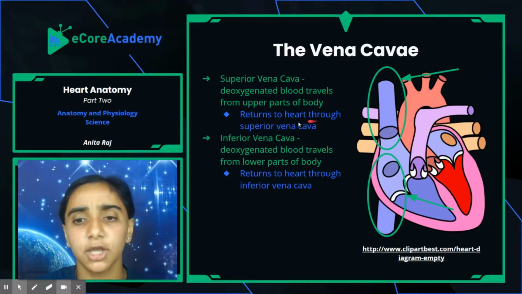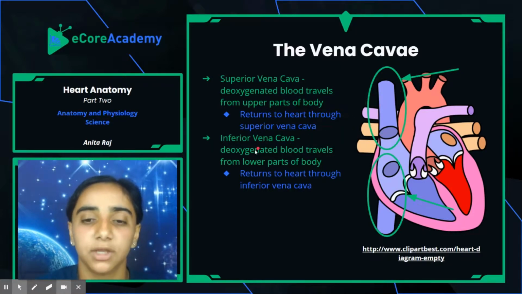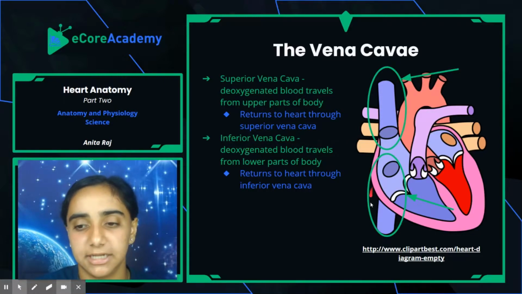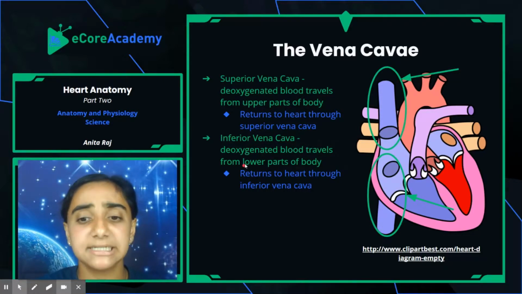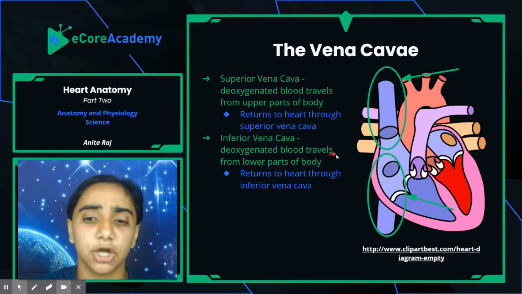And this deoxygenated blood will return to the heart using the superior vena cava. Let's look at the inferior vena cava. It's down here, and it brings deoxygenated blood that travels from lower parts of your body. So lower parts of your body include your abdomen, as in your stomach area, and your left leg and your right leg.